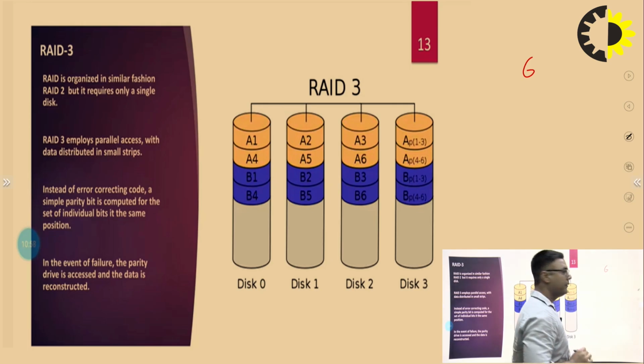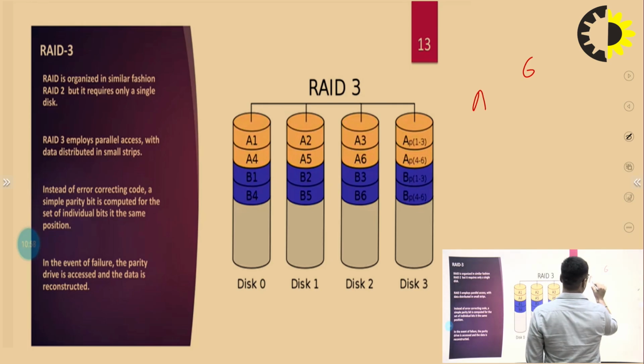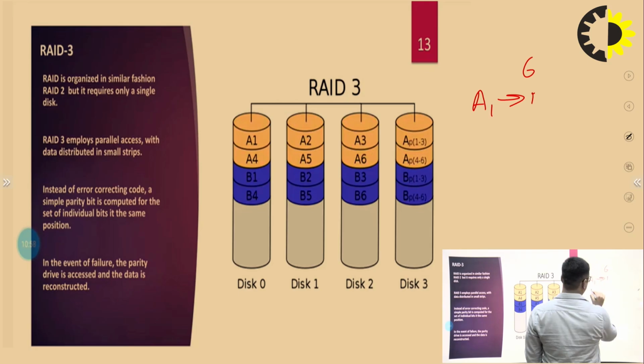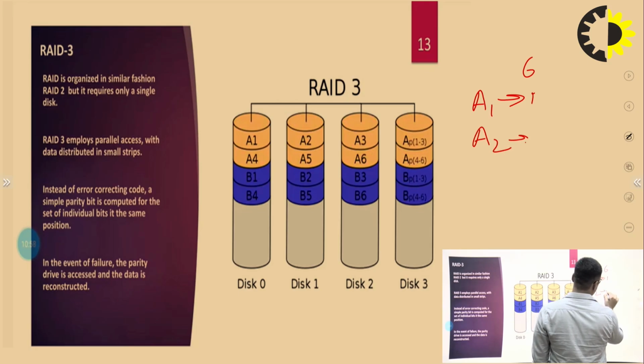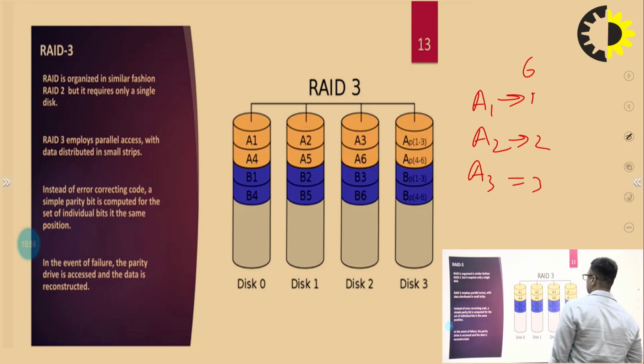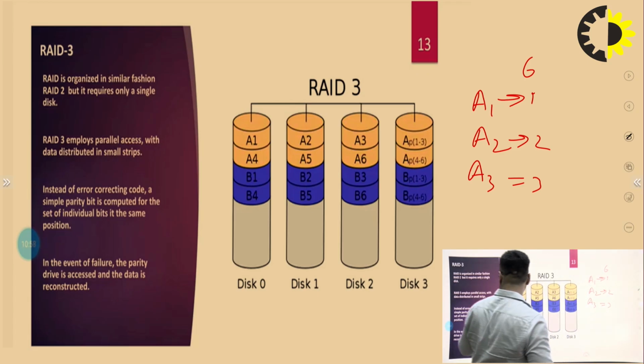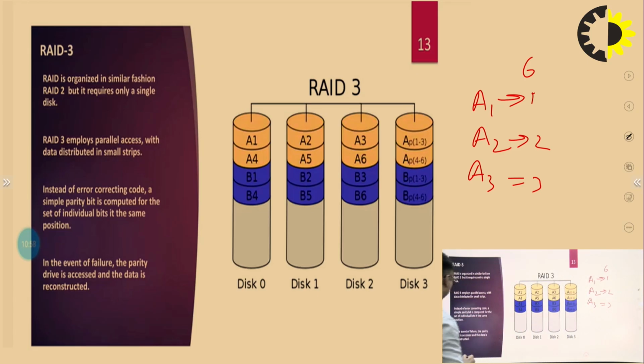In A1, suppose we store 1, in A2, 2, in A3, 3, and a parity. That means each individual strip has a parity. Basically, it is called a parity disk.